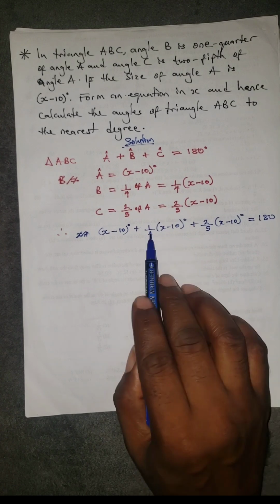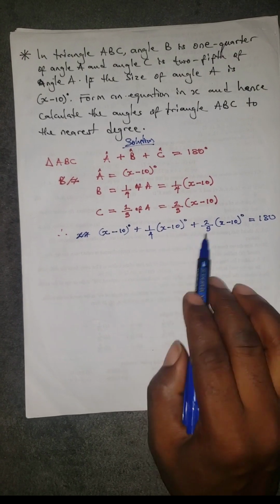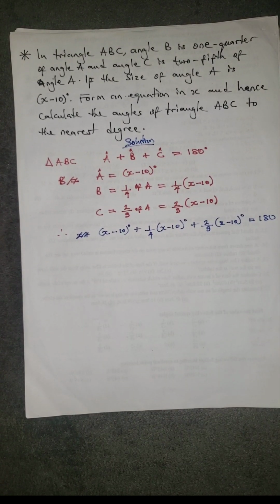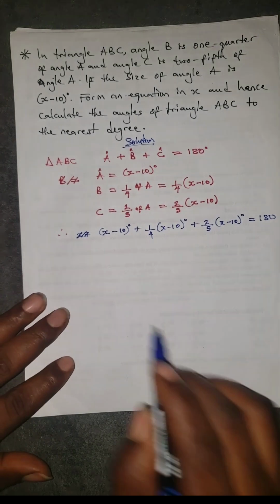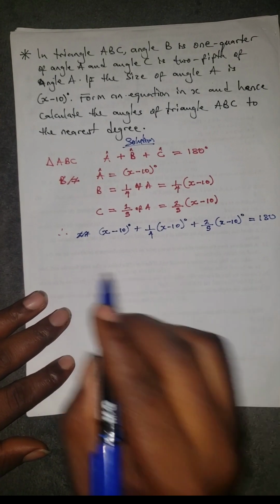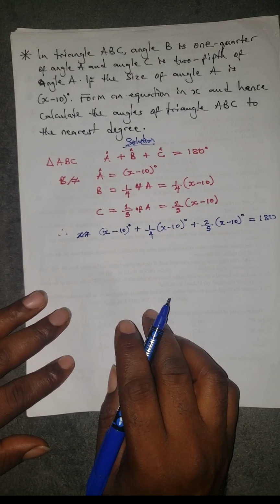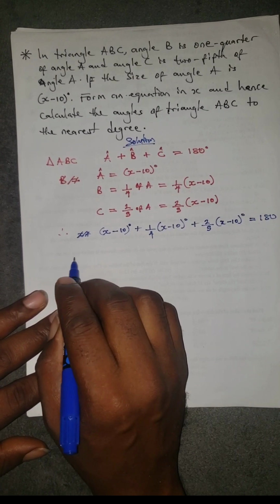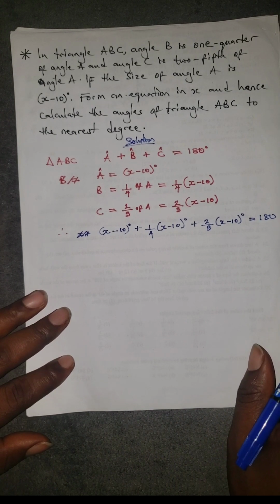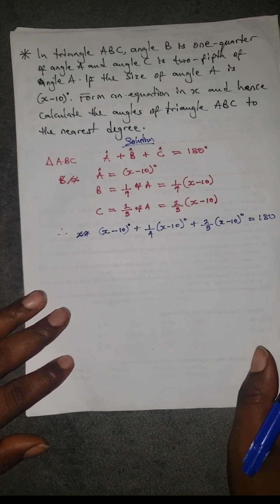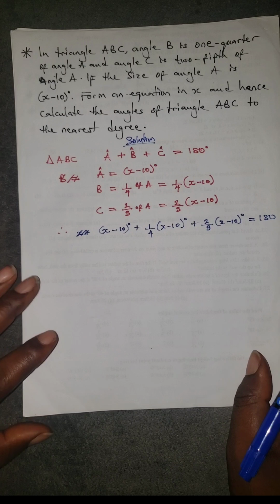Okay, so we have 4, we have 5, so we use the LCM to multiply through. The LCM of 4 and 5 is 20, so I'm going to use 20 to multiply everything in order to eliminate that particular fraction. We can also use other methods of solving this, but I think that one will be a little bit clearer.